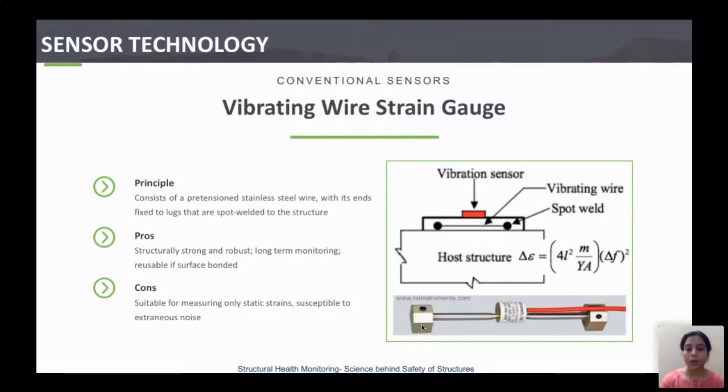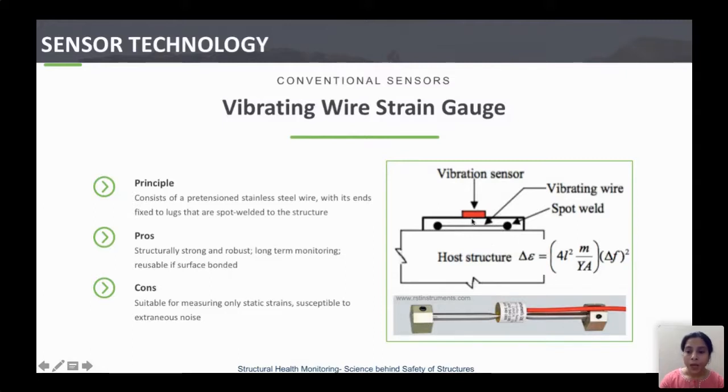Even embedded vibrating wire strain gauges are also available in the market. It consists of a very thin vibrating wire. You see, there is a vibrating wire here, which runs from this point to this point.